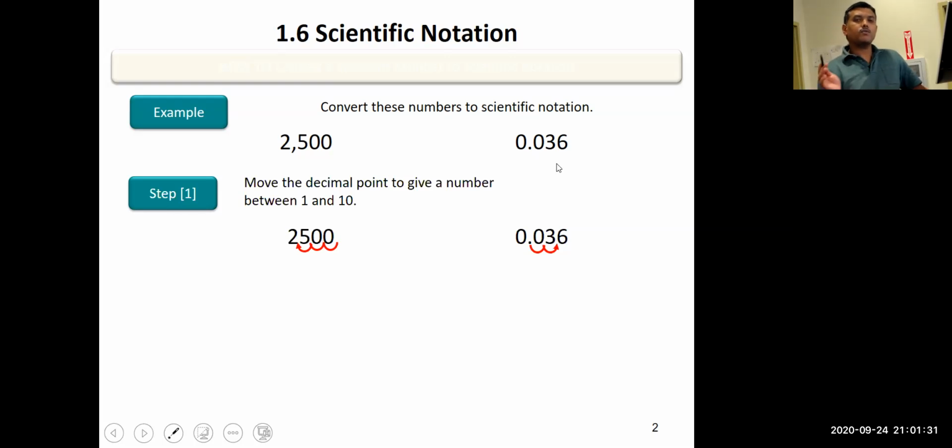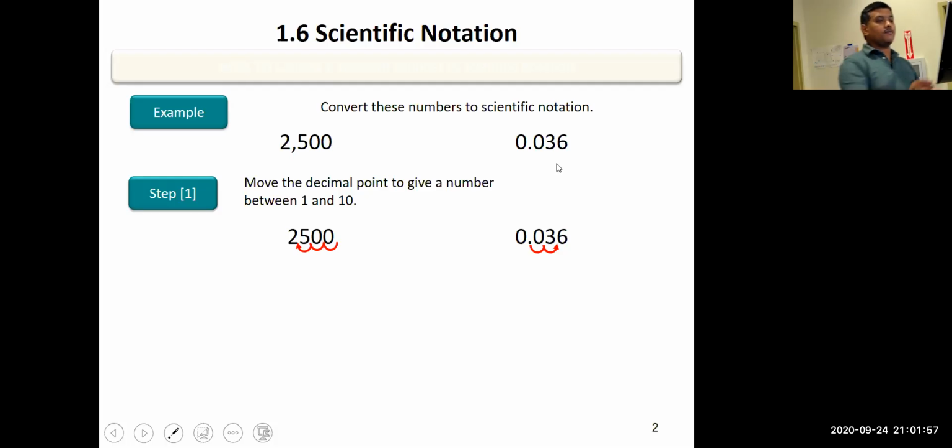So if you move to the left, which means you are making a larger number into a smaller one, your x has to be a positive number for the decimal places that you move to the left. And if you move to the right, you are increasing the value of the number to reach a number between 1 and 10, so you need a negative exponent so that you have the correct magnitude for that number.